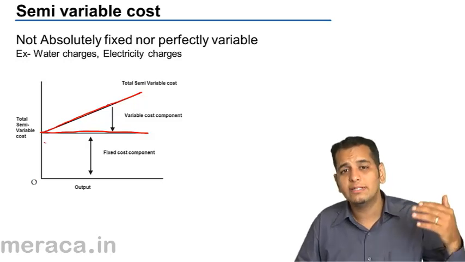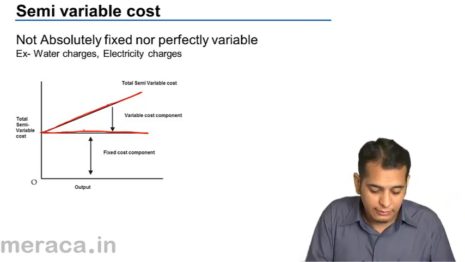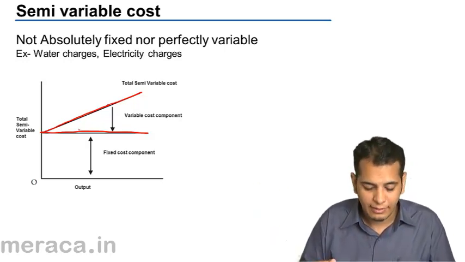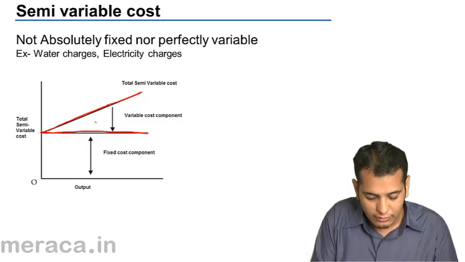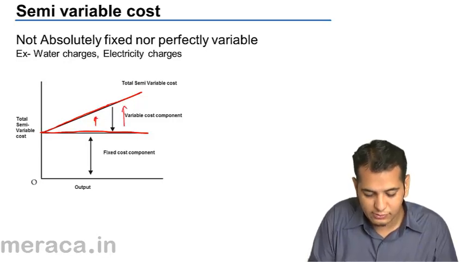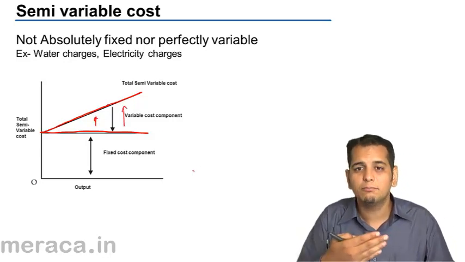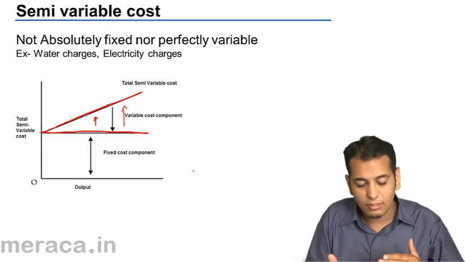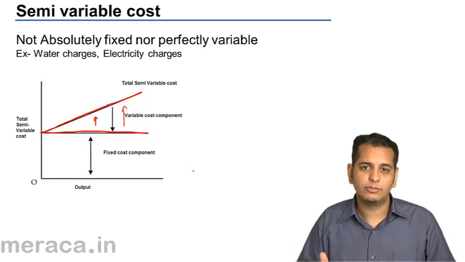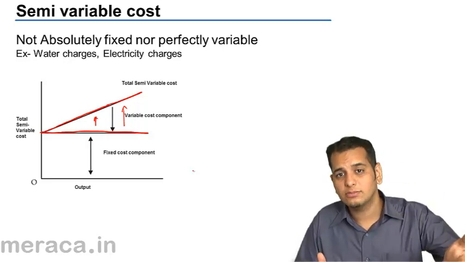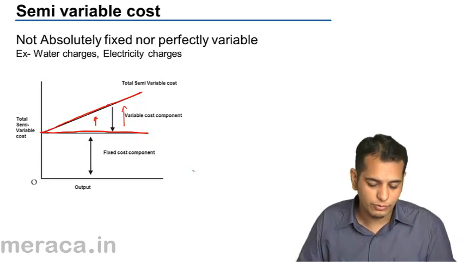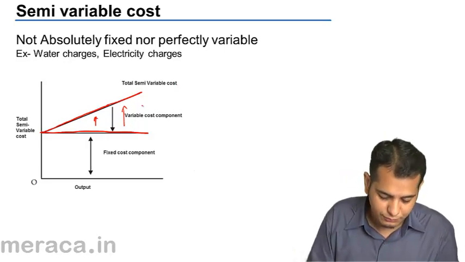But as you go on increasing the consumption, the variable component goes on increasing, and then this curve tends to rise. Since the variable portion keeps on adding in, the curve tends to rise upwards. So the more consumption, the steeper would be the slope of this semi-variable cost.